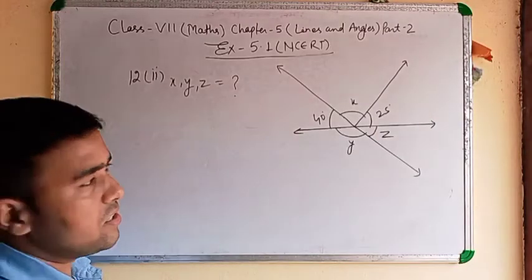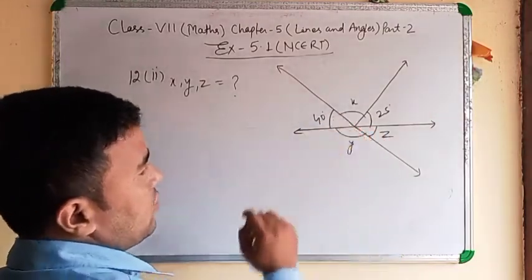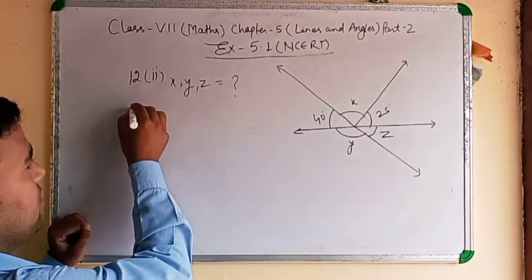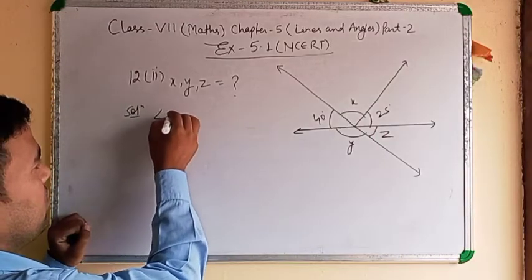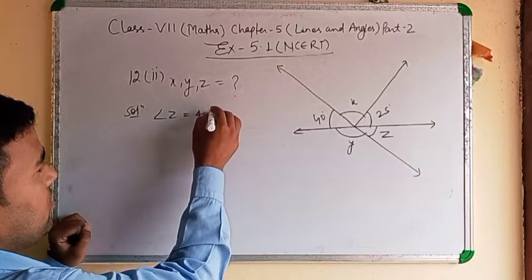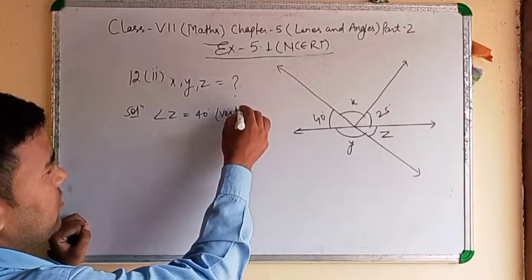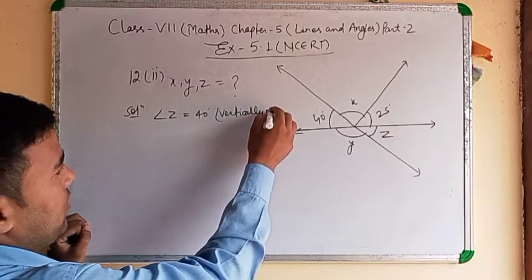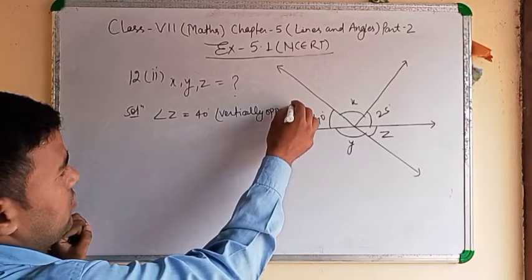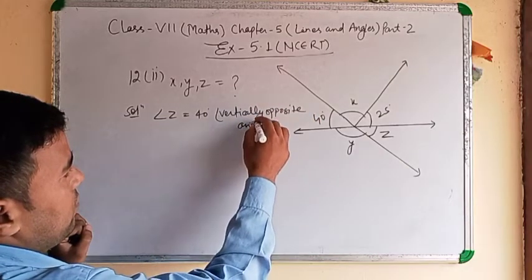See, first see here, angle z equal to 40 degrees, vertically opposite angles.